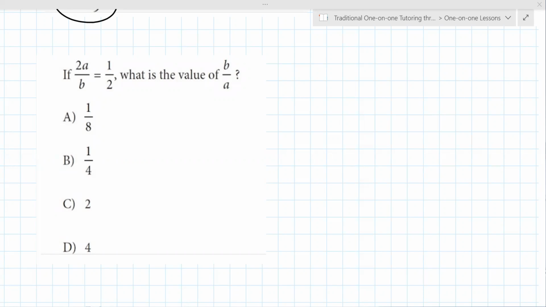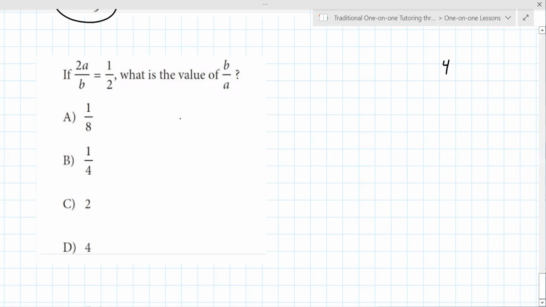It's not necessary, but it does work. Oh, wait, no, I could just flip. So 0.5. Would it be D? So you want to go with D, you want to go with number 4.